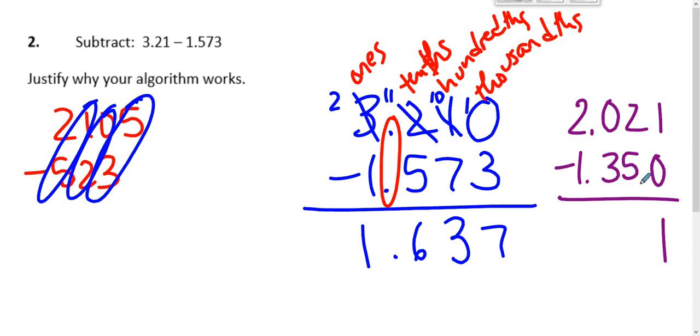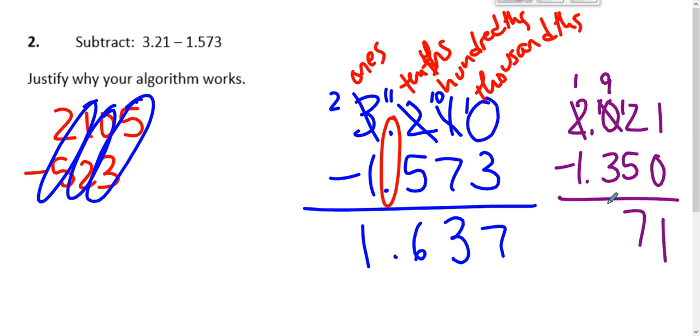2 minus 5 is negative, so we'll bring that over, and there's nothing to borrow from here. So this 1 that we're borrowing is 10 tenths. And then we borrow one of those tenths, and that 1/10 that we borrowed is 10 hundredths.